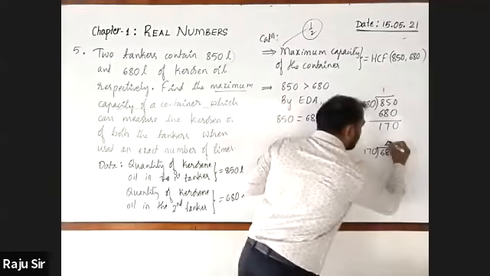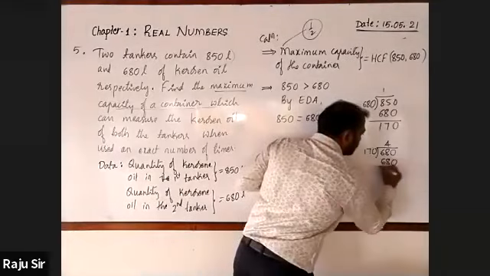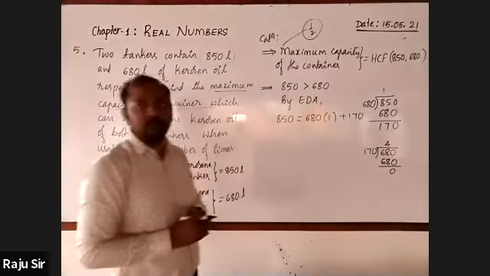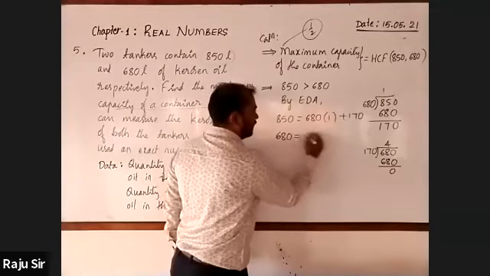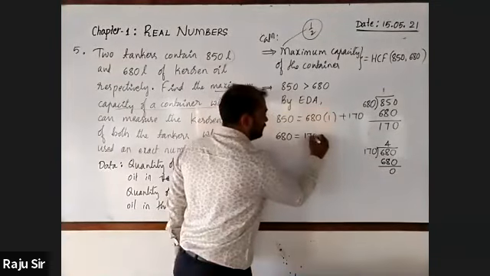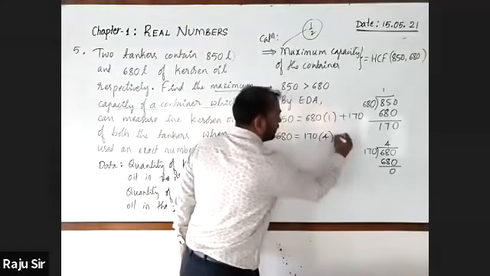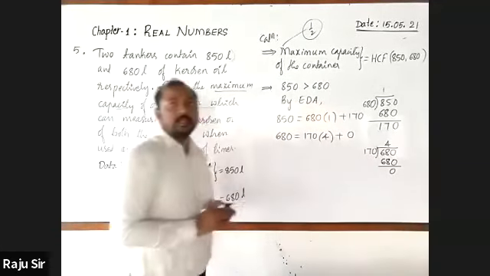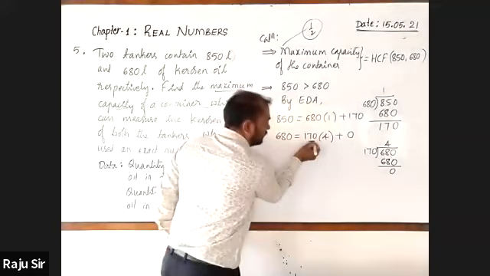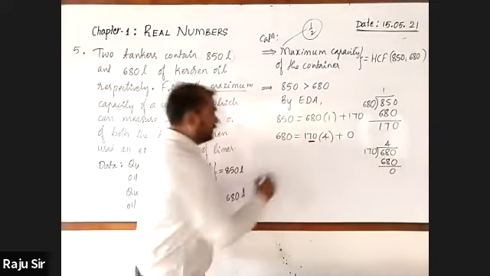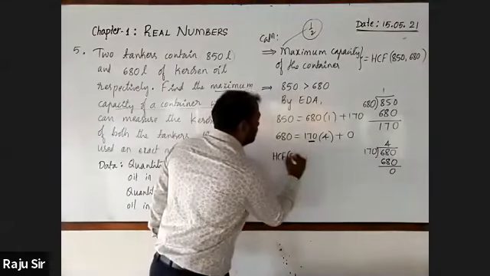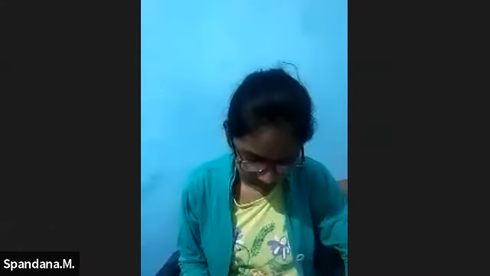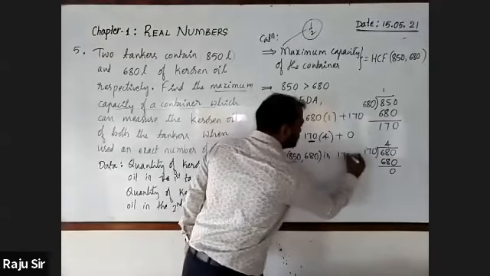The remainder will be 0. So 680 can be written as 170 into 4 plus 0. As the remainder is 0, the divisor will be the HCF. You can write: HCF of 850 and 680 is 170.